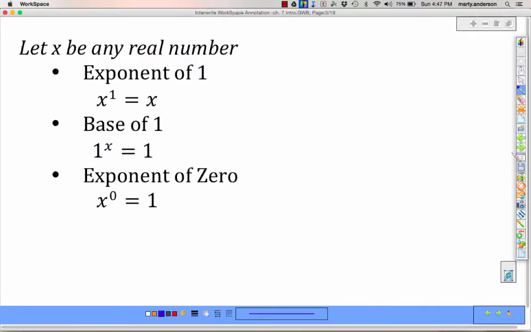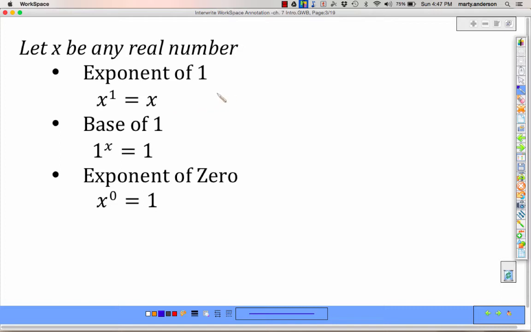Hopefully nothing mind-blowing. Remember, anything to the power of 1 is equal to itself. X to the first power is equal to x. A good example of this is if you're 16 years old, you don't run around saying that you are 16 to the first power years old.